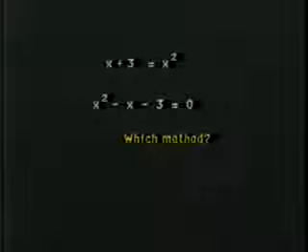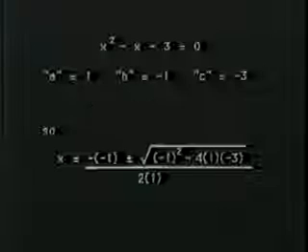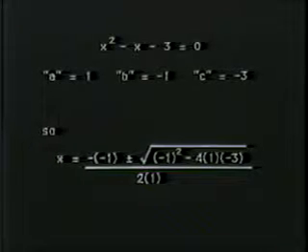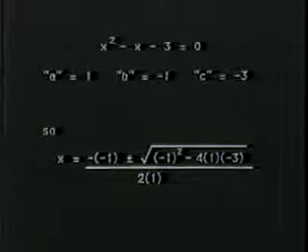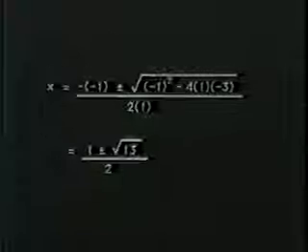The question, which method will we use? Well, it doesn't seem to factor, so let's try the quadratic formula. Do the substitutions for A, B, and C, and then simplify.